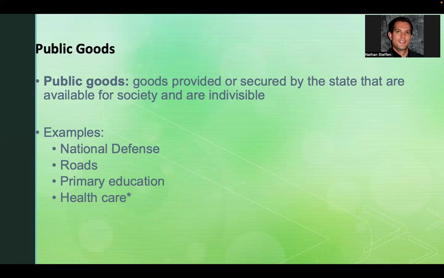public goods. All states and governments provide their population with some form of public good. At the very least, government is supposed to protect their population from external and internal threats. So national defense and police are generally known as public goods, at least from the American context, and in many other governments around the world.